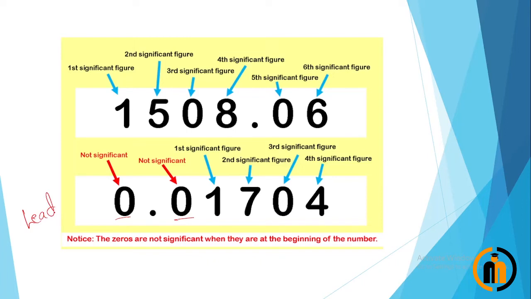Let me repeat, they are called leading zeros. These zeros are not significant when they are at the beginning of the number. So the first significant figure is the first non-zero digit, which is 1. The total significant figures for this number are 1, 2, 3 and 4. So there are 4 significant figures.